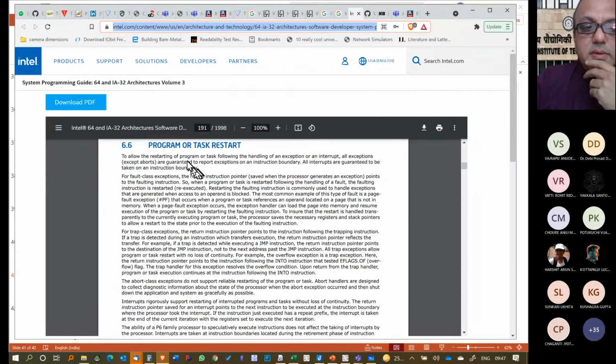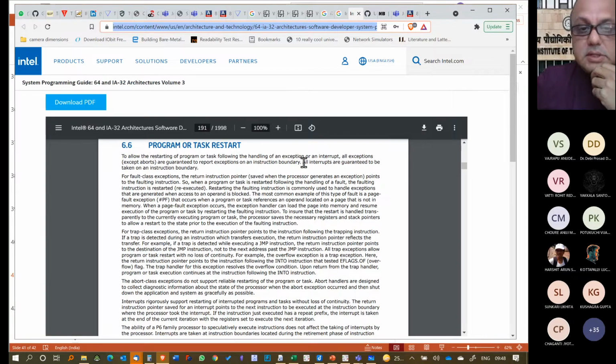If you look at this section 6.6, you do find that, to allow the restarting of a program following the handling of an exception or an interrupt, an exception is a type of interrupt. All exceptions are guaranteed to report exceptions on an instruction boundary. All interrupts are guaranteed to be taken on an instruction boundary.